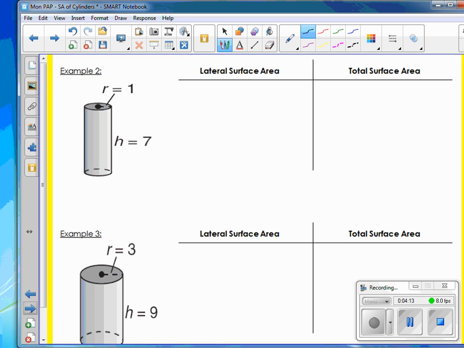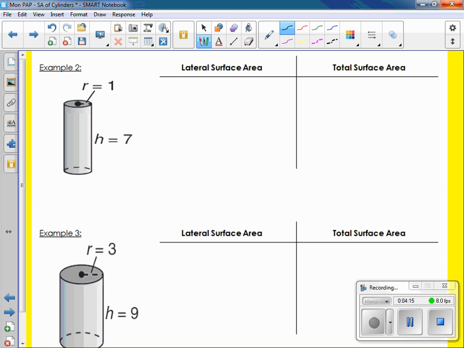All right, on the next one, we're doing the exact same thing. We're doing lateral surface area, which is 2 pi r h. I'm going to plug in 3. R is 1. Height is 7. So 2 times 3 times 1 times 7. 2 times 3 is 6 times 7 is 42 units squared.